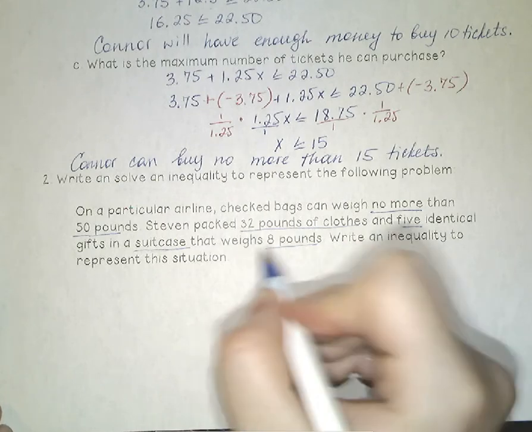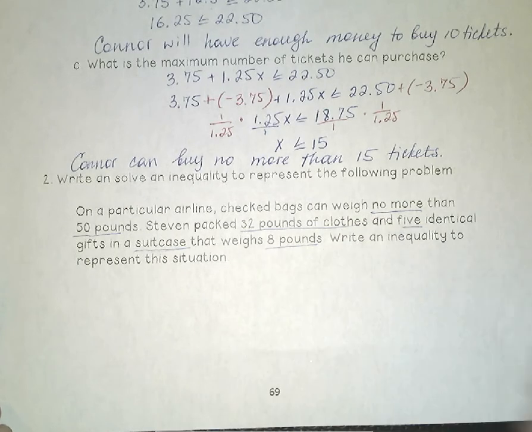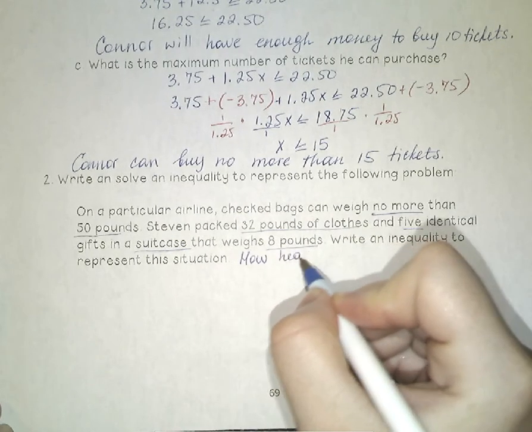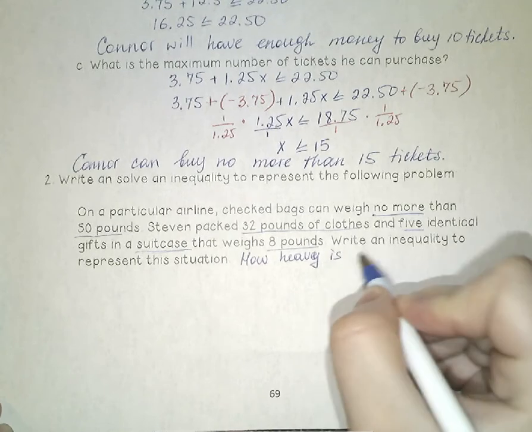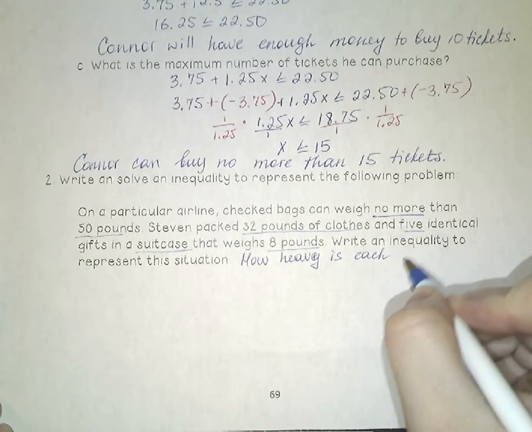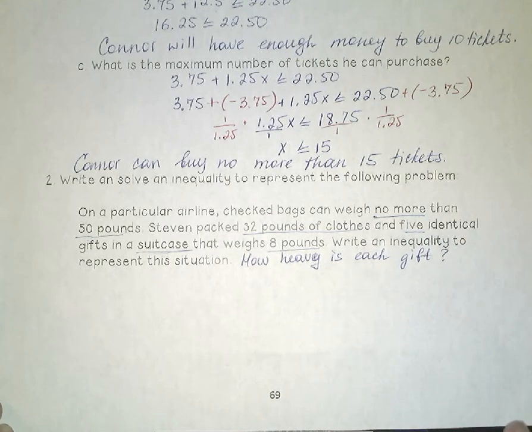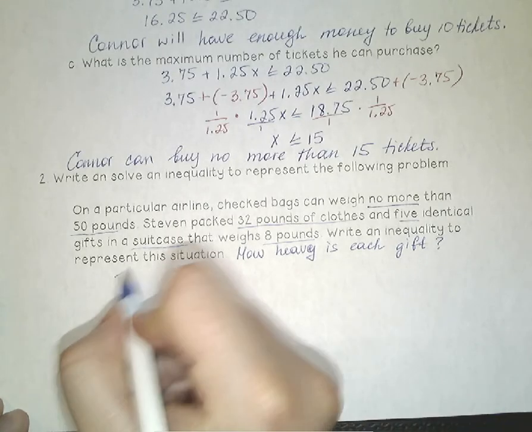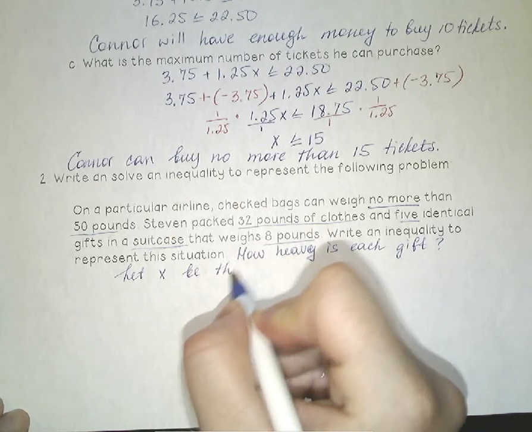What we want to see is how heavy each gift is. We know they're identical, so we can let x be the gift.